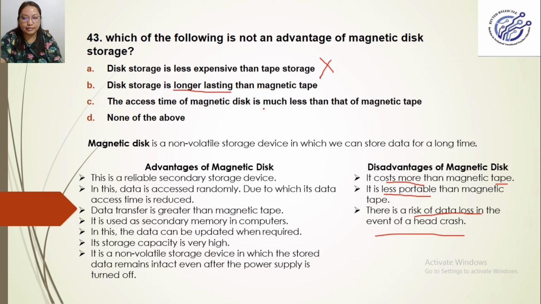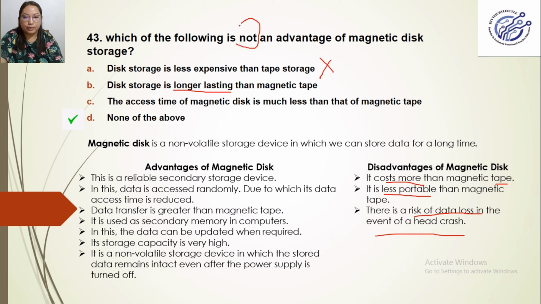Then, the access time of magnetic disk is much less than the magnetic tape. So hindi naman po ito sinabi dito. So yung sagot po natin sa 43 is letter D, none of the above po. So wala po dito sa mga choices na ito ang disadvantage po ng ating magnetic disk.